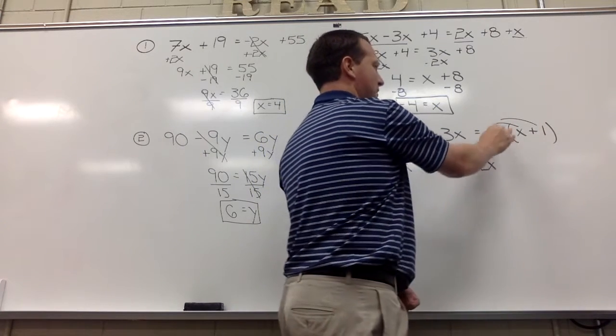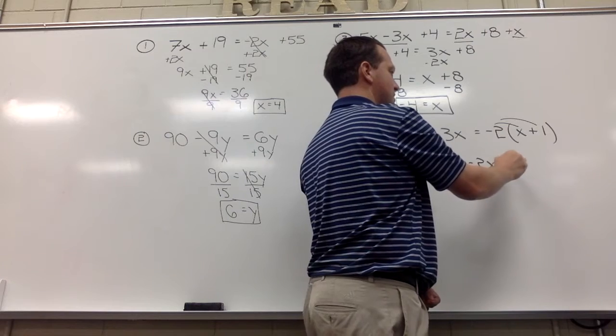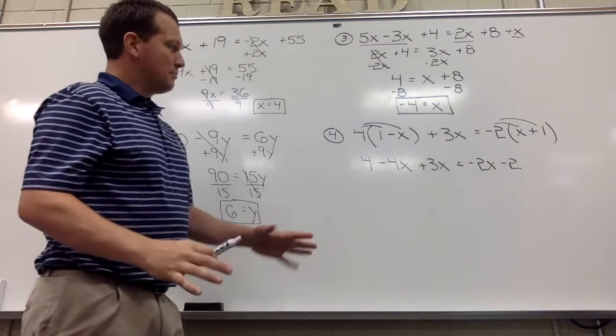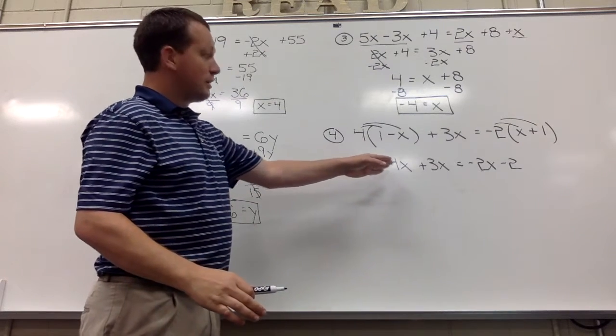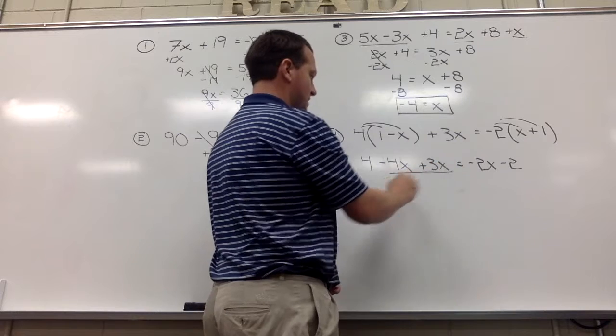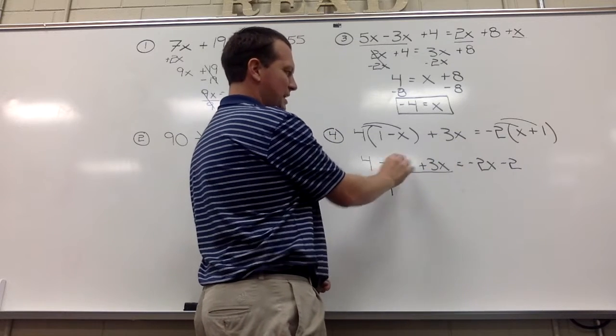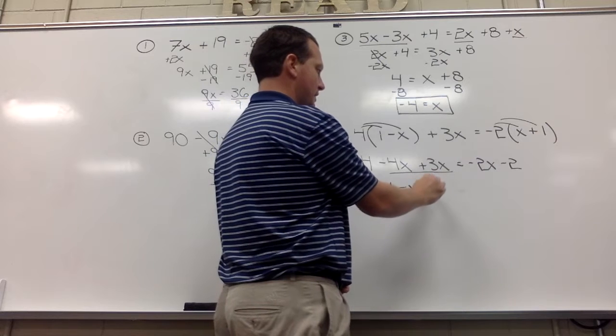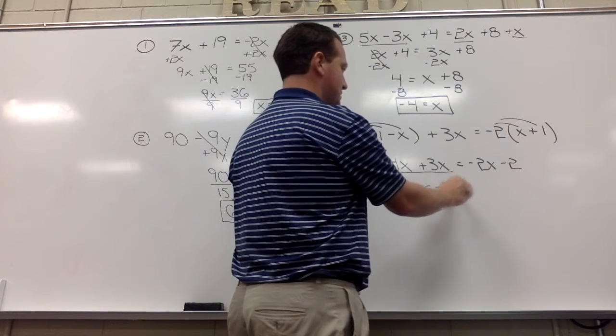And then don't forget that negative 2 times 1 is negative 2. Any like terms? Well, for negative 4x, positive 3x, I can put these x terms together. I have 4, and then negative 4 plus 3 is negative 1x. That'll equal negative 2x minus 2.